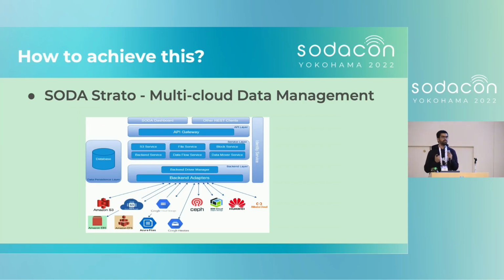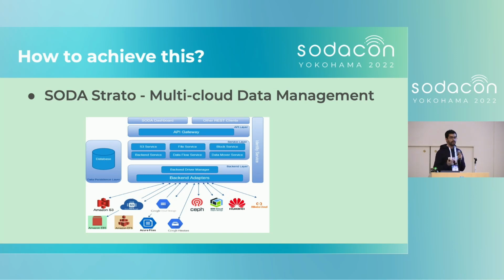And that's where the Strato project from the Soda Foundation comes into the picture, because the Strato project allows you to connect multiple S3 storage, whether it's from Huawei Cloud or any other specific cloud, and then you can very easily, with the help of the UI, or the dashboard for Strato, manage your data very easily with the help of this platform.